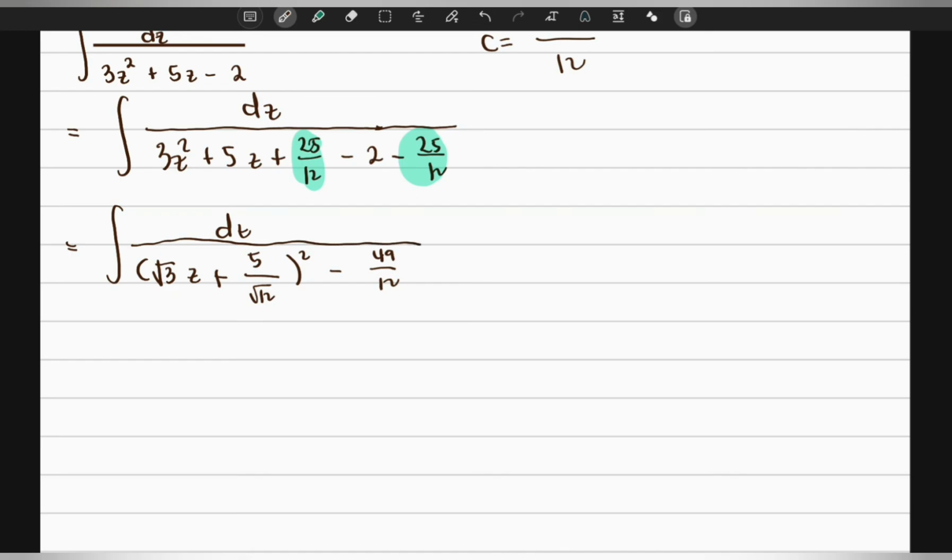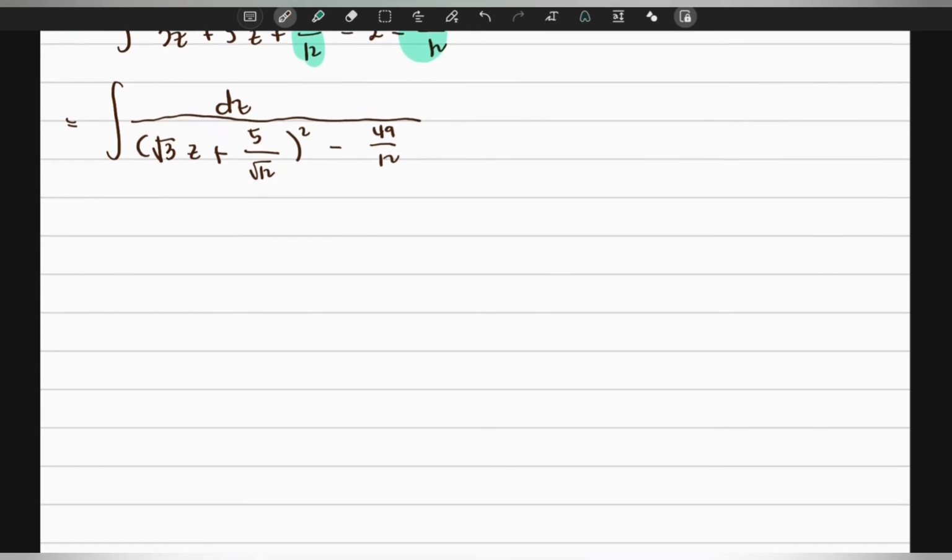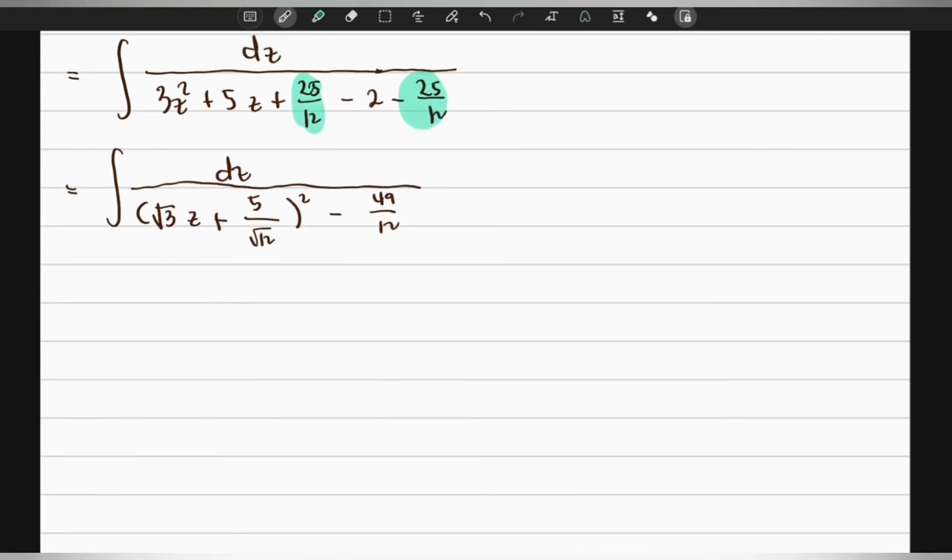Ayan. Tinamad na yun. No? So, second solution naman din kasi. So, ito yung sinasabi ko. So, since ito na yung magiging bagong u. So, yung u is equal to square root of 3z plus 5 over square root of 12. Yung square root of 12, may value yun. So, ito ay equal sa square root of 3 dz.